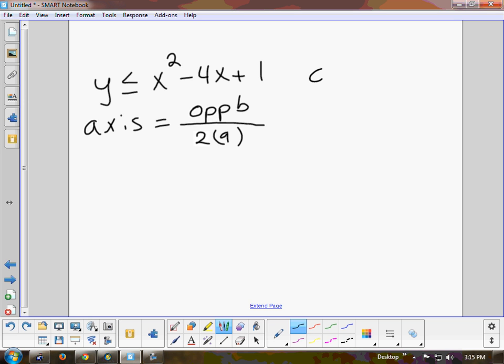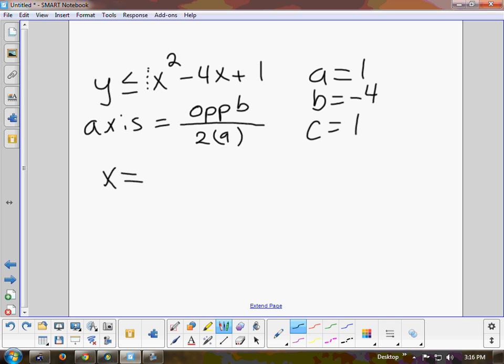Well, we list out our a, our b, and our c to help us out here. A is what? It's the number out in front of x squared, which is 1. B is negative 4. And C is 1. Now we're going to put it in our formula.